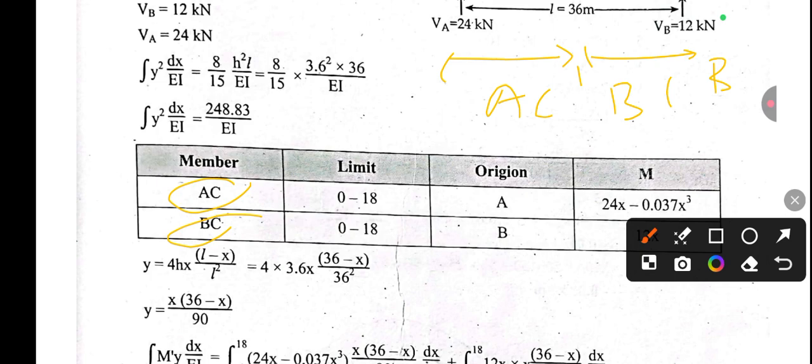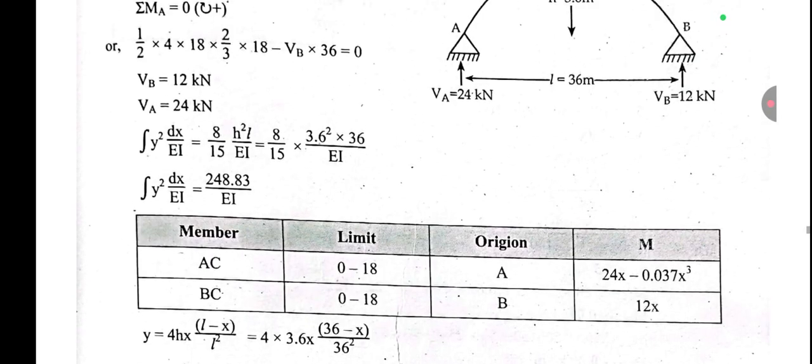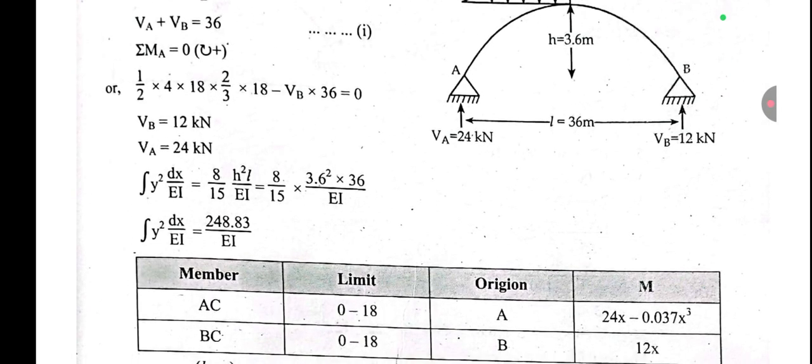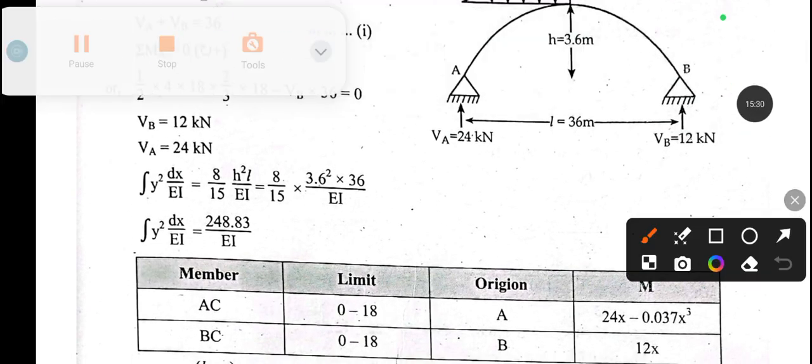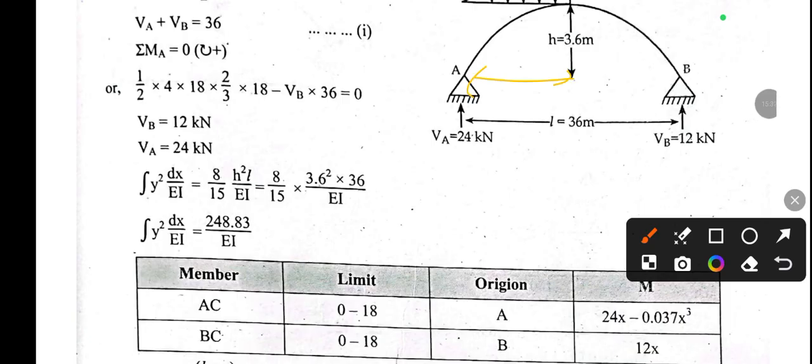From left to right, you can see our limit is 0 to 18 for AC, and for this BC also, it is 0 to 18. For the origin, we are going to take half of this span, from here to here. So the origin of moment we are going to calculate at a point here.